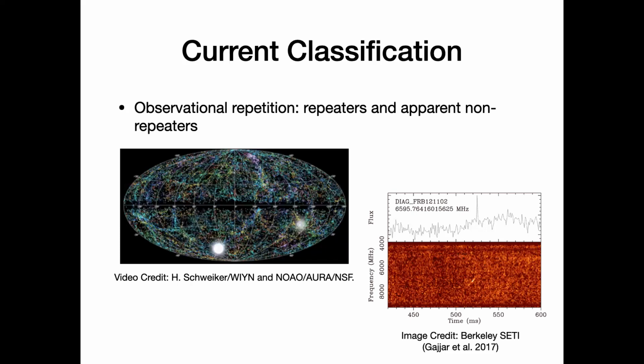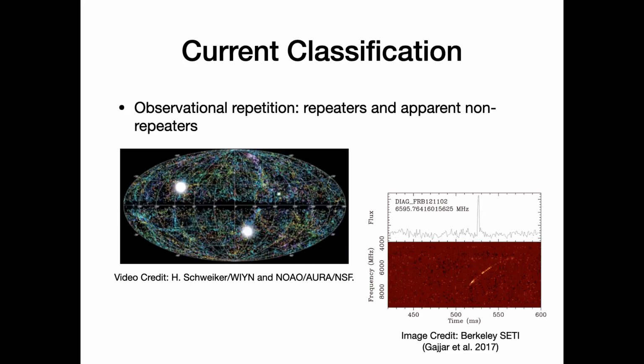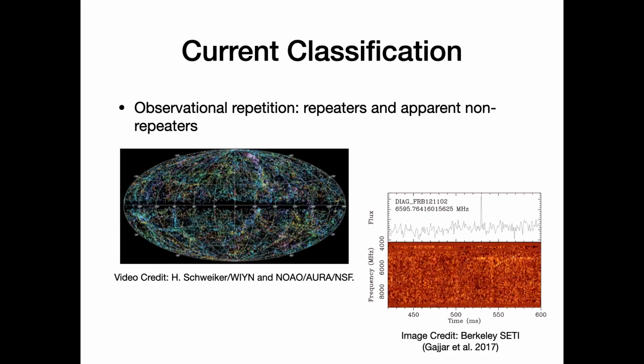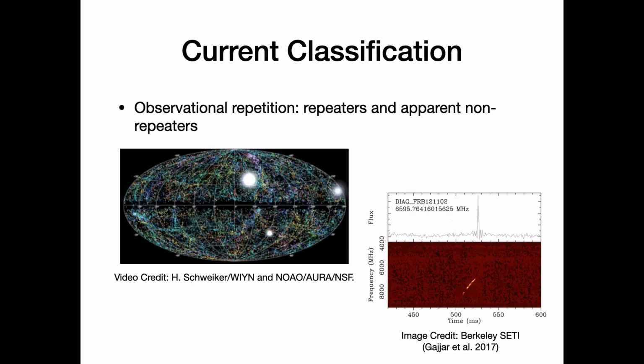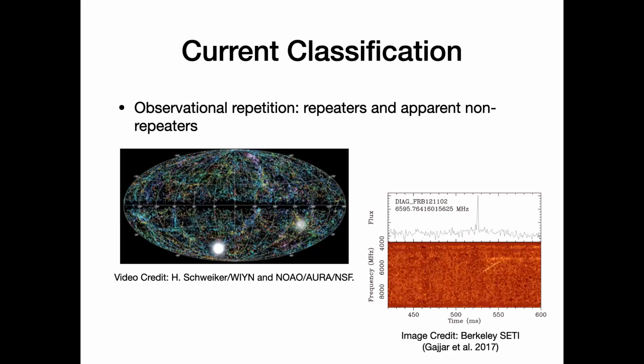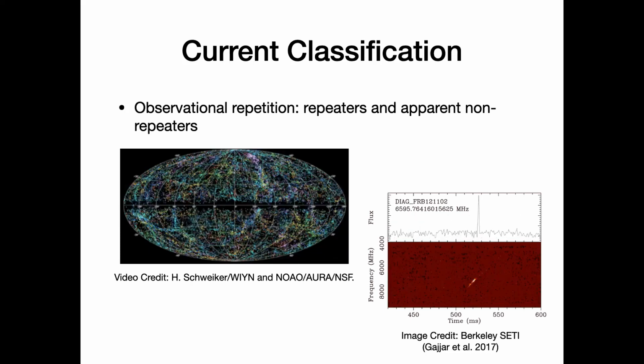It doesn't mean it's truly a non-repeater, because due to sensitivity or other factors you may lose the opportunity to detect repeating bursts. But for repeaters, it's very straightforward. If you monitor the target at the same position, you may detect multiple bursts, a series of bursts that occur at different times with the same DM value. And we can confirm the same progenitor.